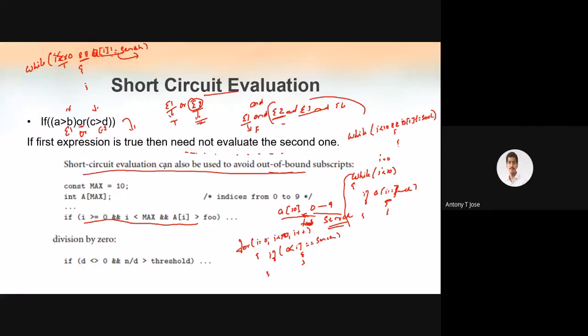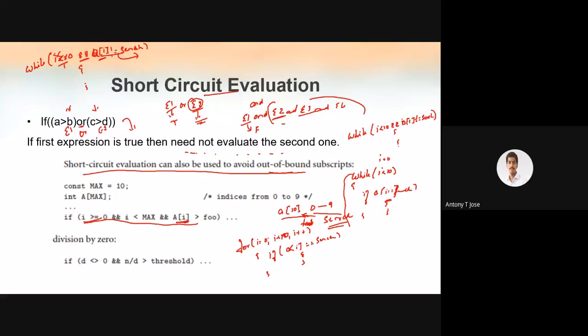Short circuit evaluation can also be used to avoid out of bound subscripts. Here it is I greater than or equal to 0 and I less than max, and A of I. If the value of I is lesser than 0, A of I will not be evaluated if this is short circuit evaluation.